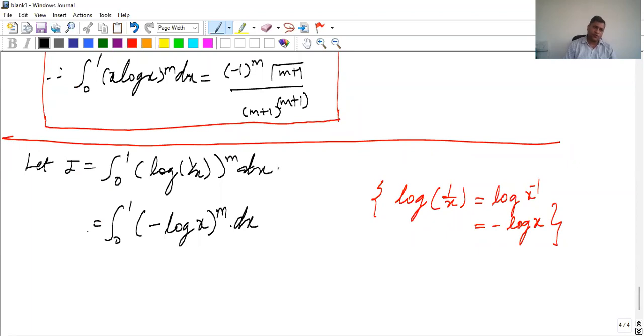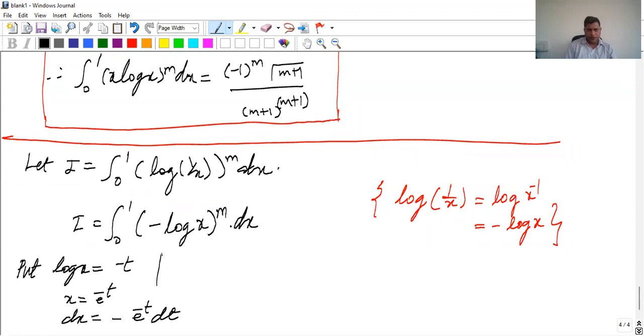Now, if I have I is equal to this, so again we can put this log x is equal to minus t. So x is equal to e^(-t). dx is equal to minus e^(-t) dt. And the change in limit is going to be x is 0 to 1, t will be infinity to 0 as earlier.